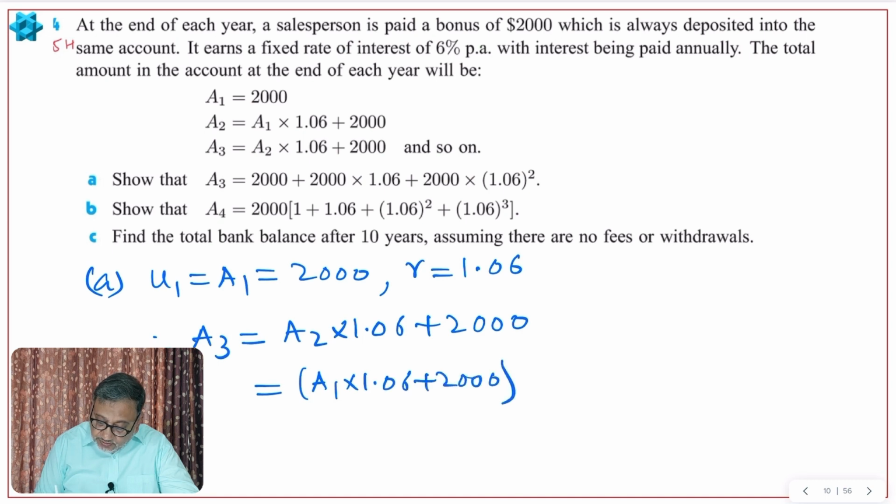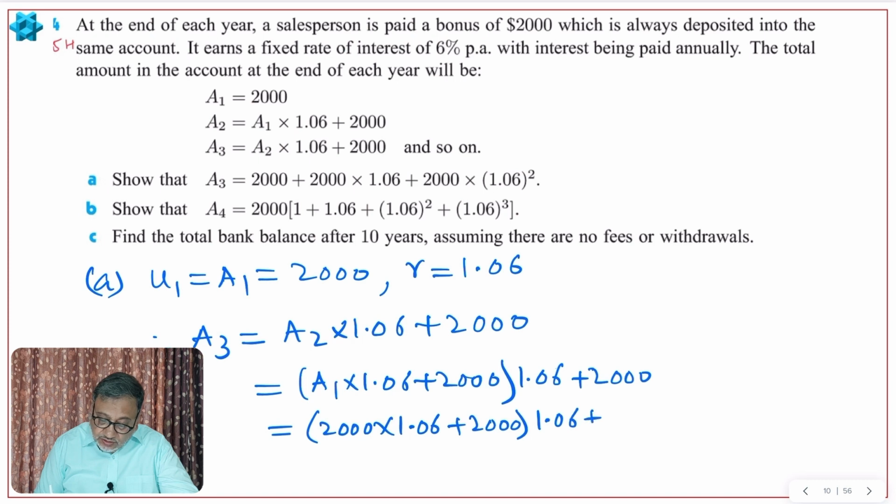So A3 is A1 into 1.06 plus 2000, multiplied by 1.06 plus 2000. Now A1 is 2000, so I will put A1 as 2000 into 1.06 plus 2000, into 1.06 plus 2000.